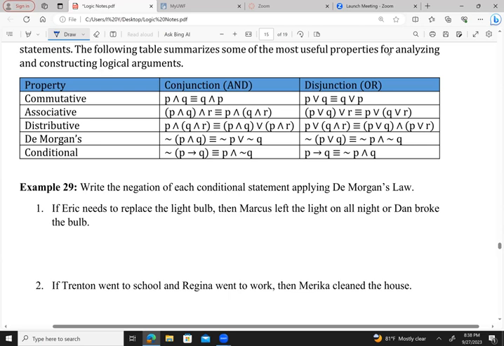If Eric needs to replace the light bulb, then Marcus left the light on all night or Dan broke the bulb. So we're looking here. And we want to take the negation of this. So we start off with P being the same. Eric needs to replace the light bulb.